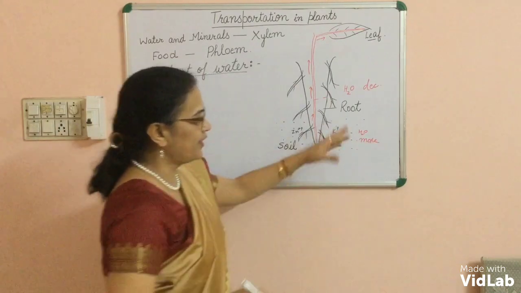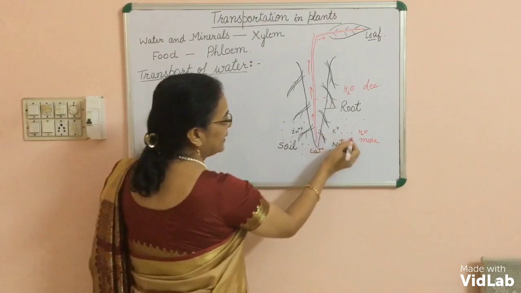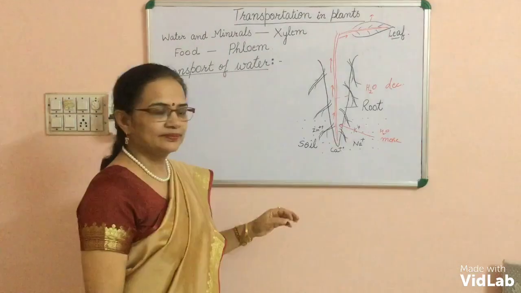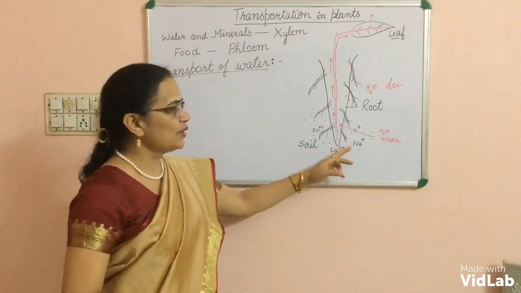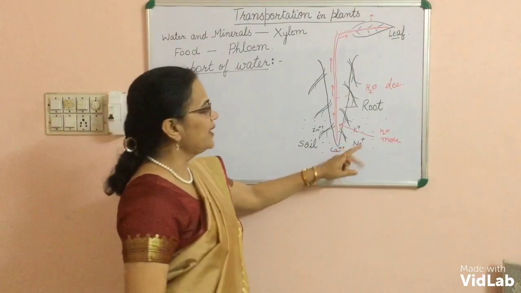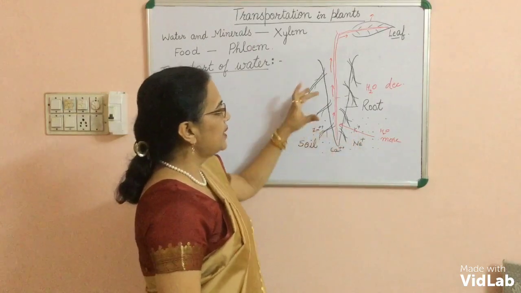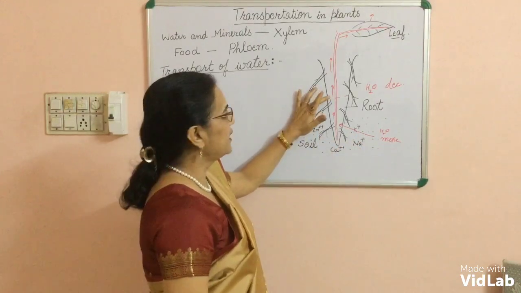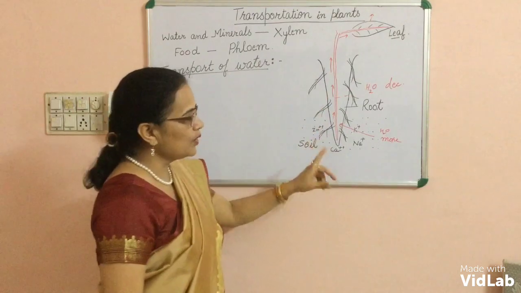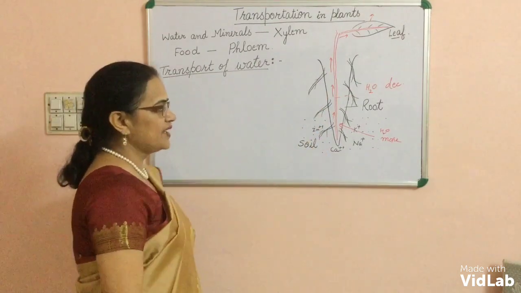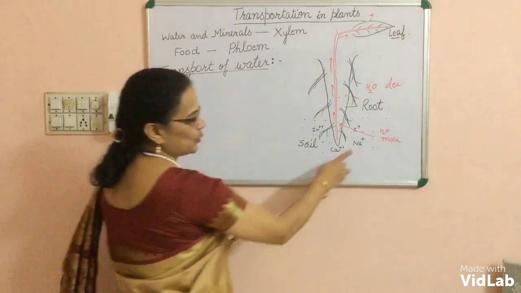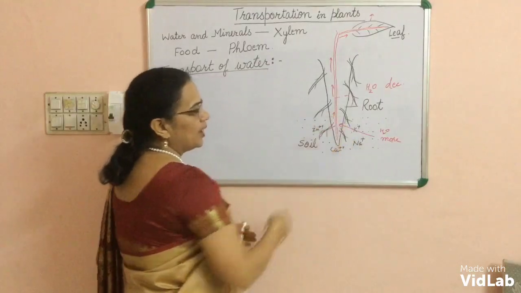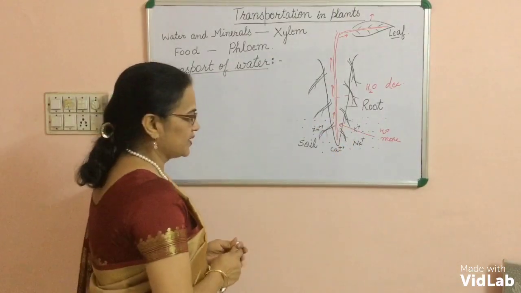Because of this difference, water automatically enters inside the root. The concentration of water in the soil is more as compared to inside the root. Because of this concentration difference, water moves from the soil into the root by the process of osmosis.